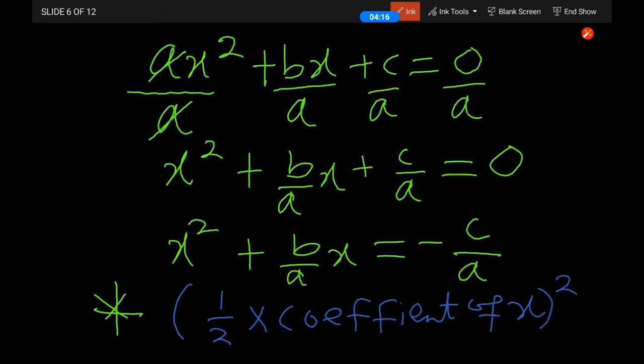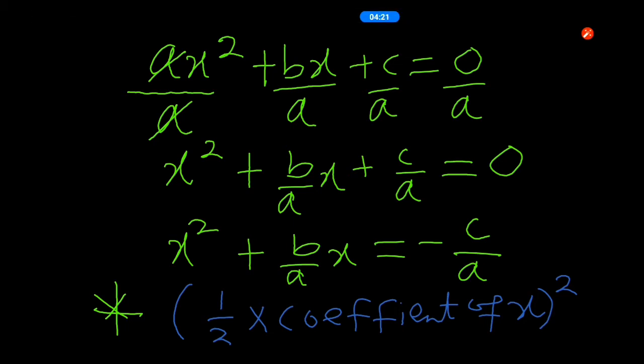And the coefficient of x here is b over a. So we have half times b over a, remember, all squared.